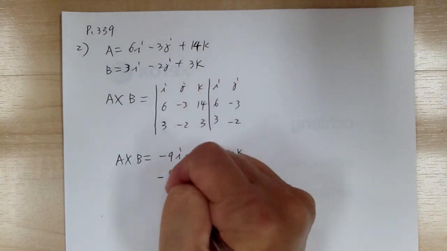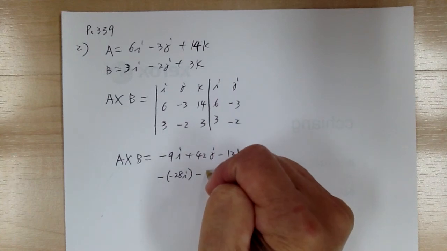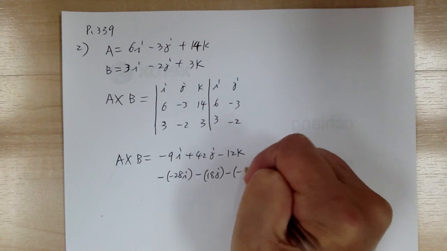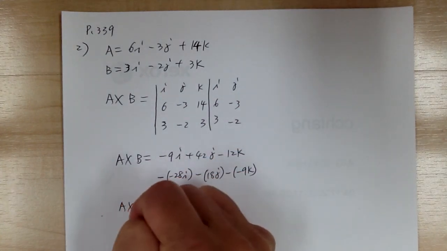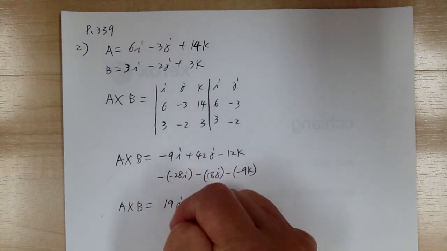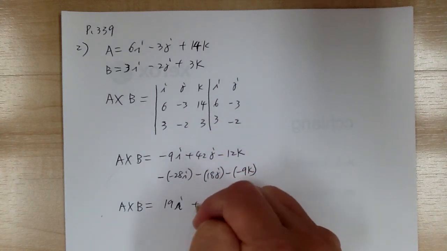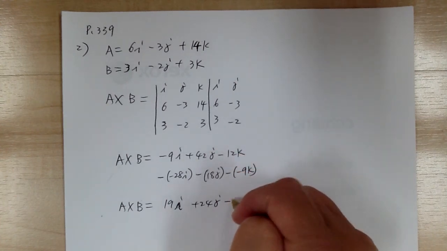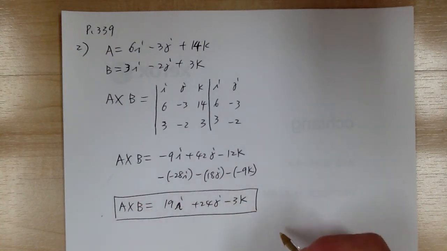So this would be negative 28i minus 18j minus negative 9k. So A cross B equal to, and work this out, you get 19i plus 24j minus 3k. Okay, so that's the cross product.